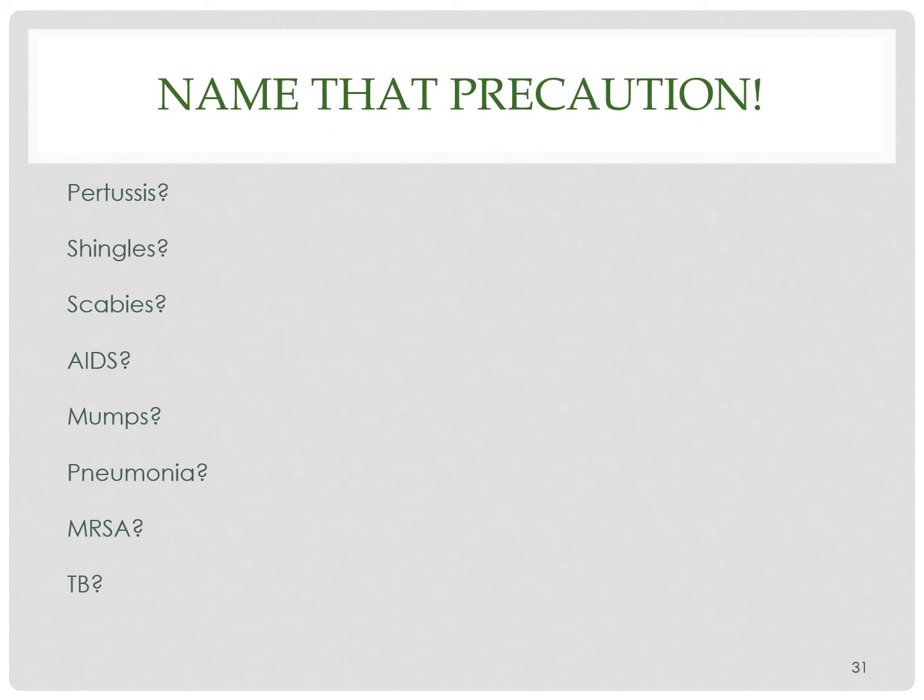Mumps is droplet. Pneumonia, standard, but you can reduce exposure to droplets and wear a mask and goggles if you want. And generally, pneumonia is not the big case, right? Flu, we have to wear a mask because that one is droplet. MRSA, contact, yes, we talked about that. And of course, TB, airborne, yes, very good.